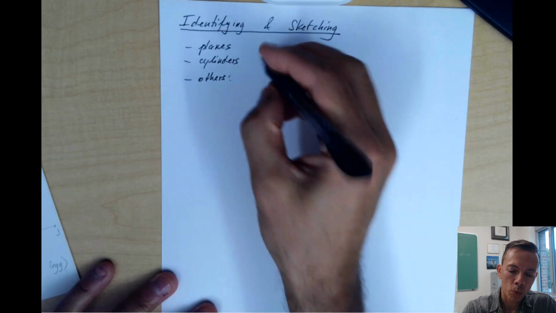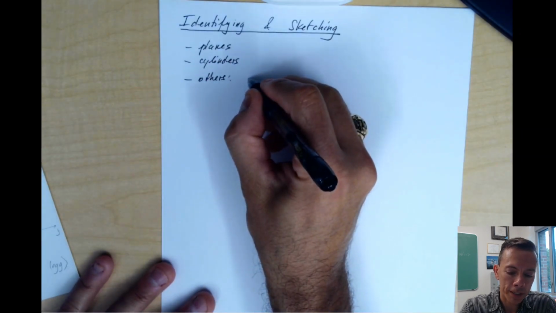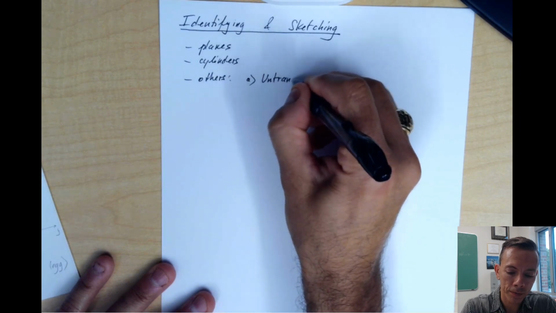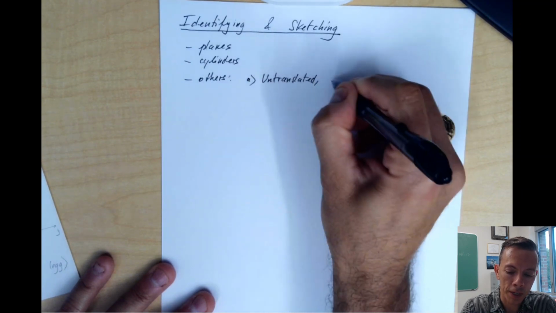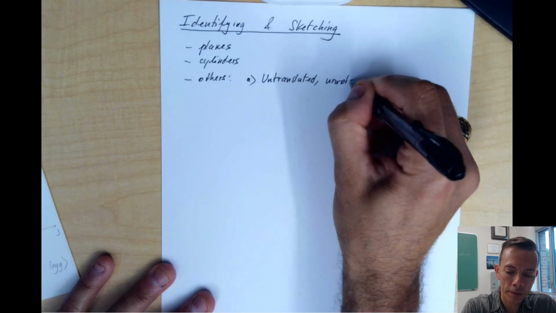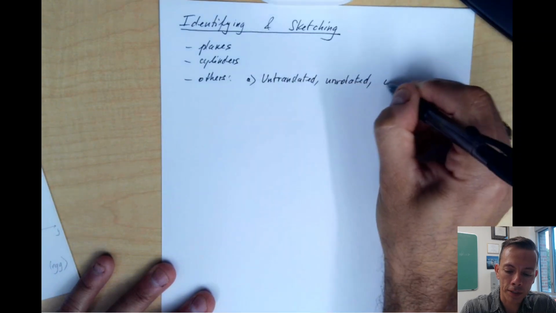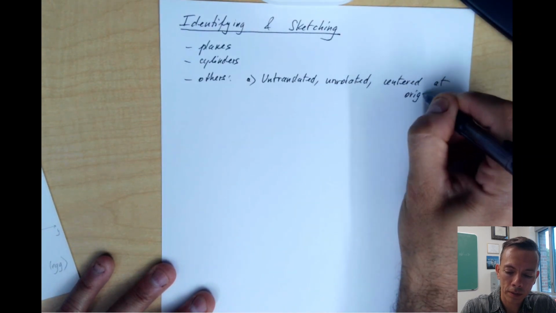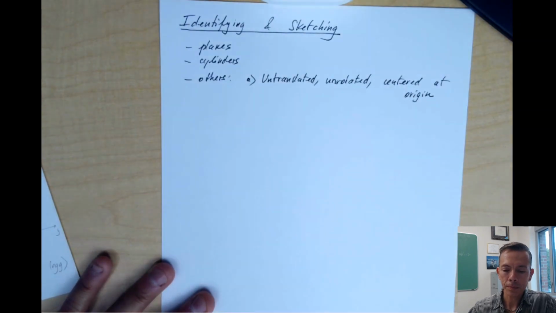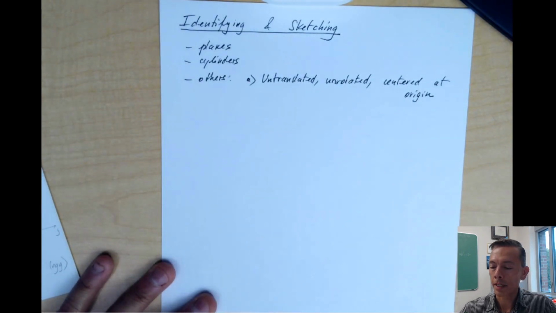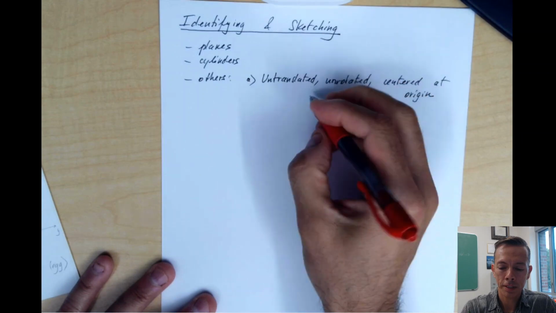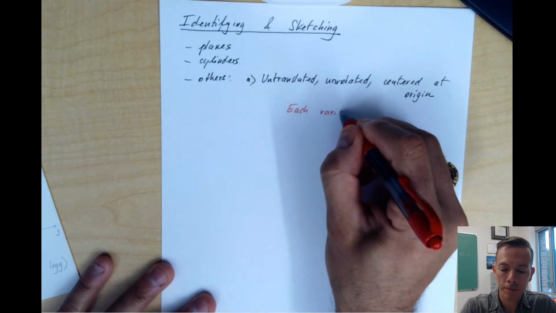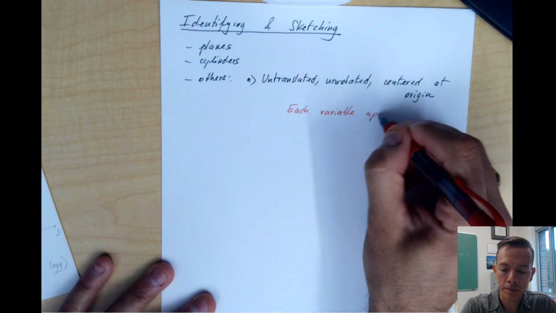So we're going to look first at the easiest kind, which are the untranslated and unrotated and centered at the origin. So these kinds of surfaces can be identified because each variable appears only once.